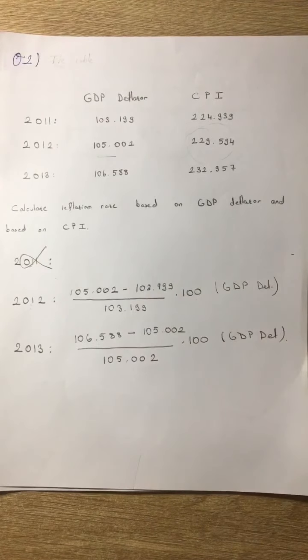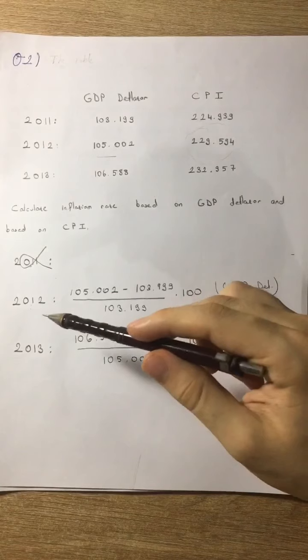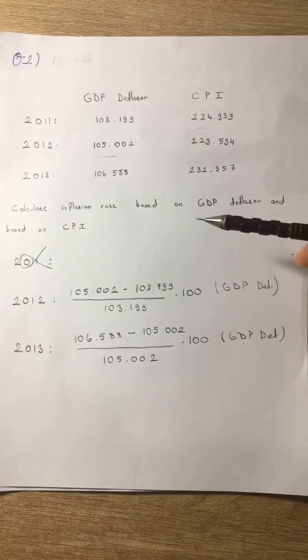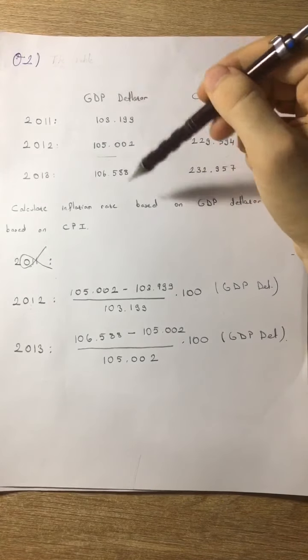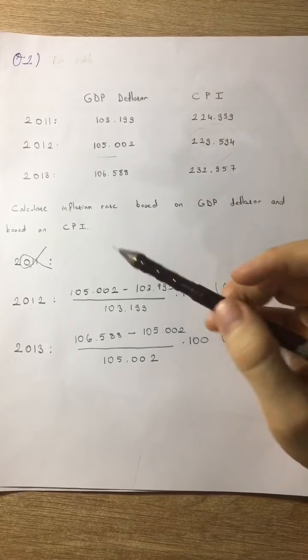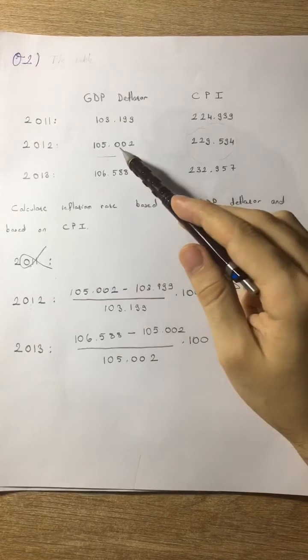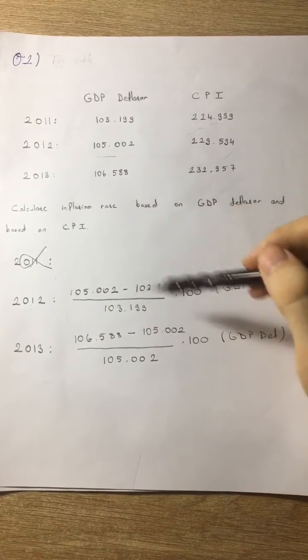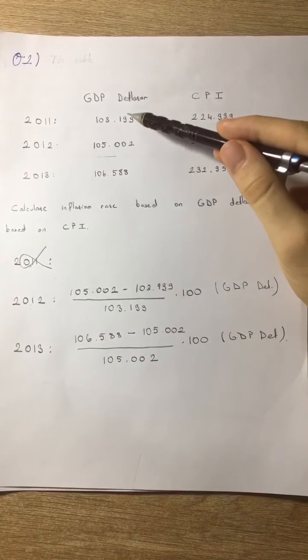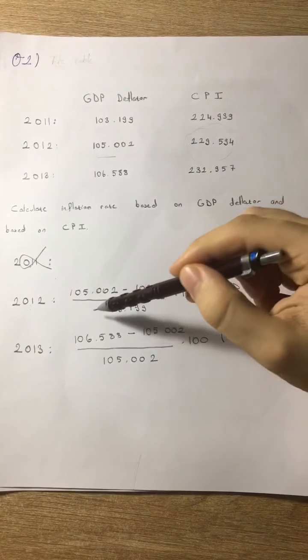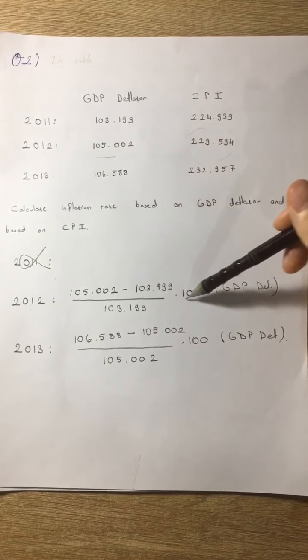For example, let's calculate the inflation rate in 2012. Let's use GDP deflator for calculating inflation rates. We will write the price index of the selected year, this number, minus the GDP deflator or price index of the previous year, and we will divide it by the price index of the previous year times 100.